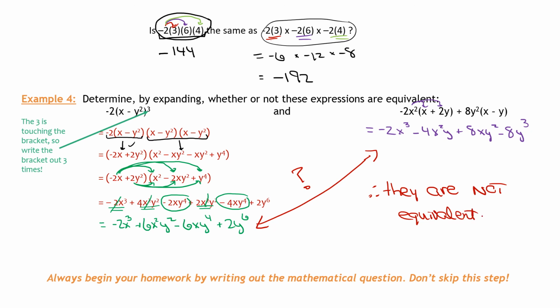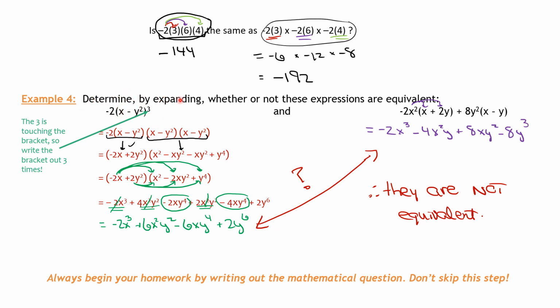And that's the end. When you do your homework, please remember to write out the question first. So just like what we have here in this last example, if this says question 5B in your book, write out 5B and then write this out and then show your work underneath. You always start by writing the mathematics.